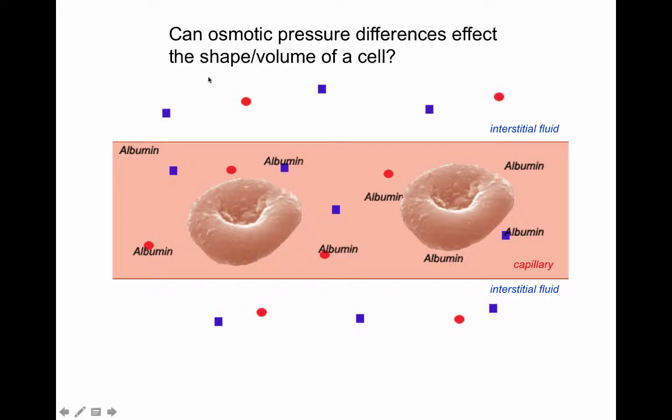When we ask ourselves the question, can osmotic pressure differences affect the shape or volume of a cell? Along these lines, let's take a look at 3 different scenarios: one of pure water, one of a 0.9% sodium chloride solution or saline, and then another of a 9% sodium chloride solution.